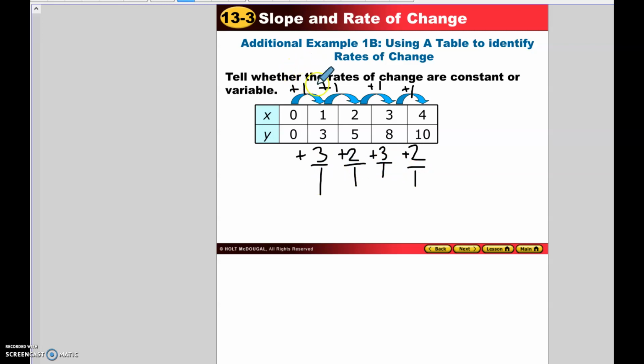Okay, so I'm getting this number from up here, dividing by what's set on top. 3 divided by 1 is 3. 2 divided by 1 is 2. Okay, these numbers are different. 3 is a different number than 2. So I'm changing by 3, then I'm changing by 2, then I'm changing by 3, then I'm changing by 2. It's not constantly the same, so that's called a variable rate of change. Variable.